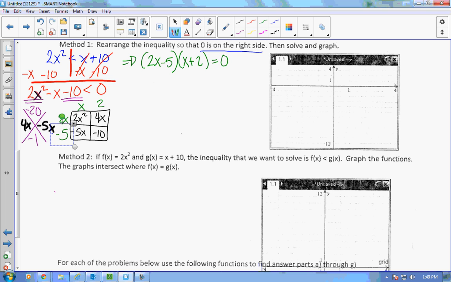We do a little squiggle, and yeah, each factor set equal to 0. That one set equal to 0, and x plus 2 set equal to 0. Okay, on your own, would you please solve both of them? Finding the x-intercepts.